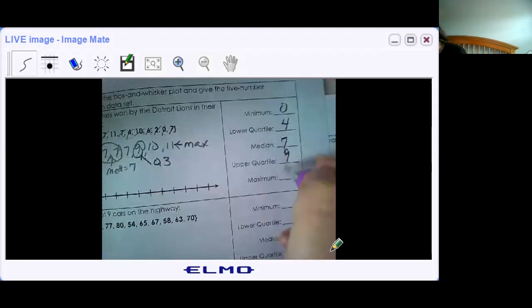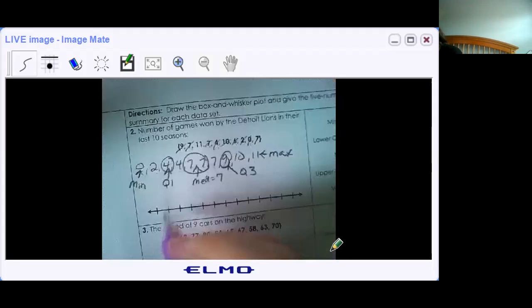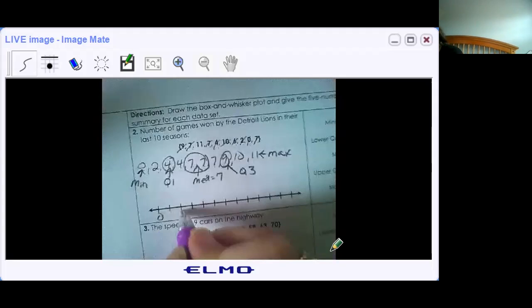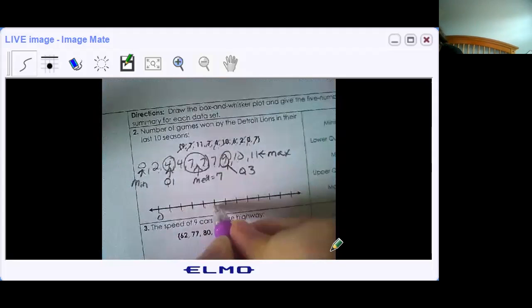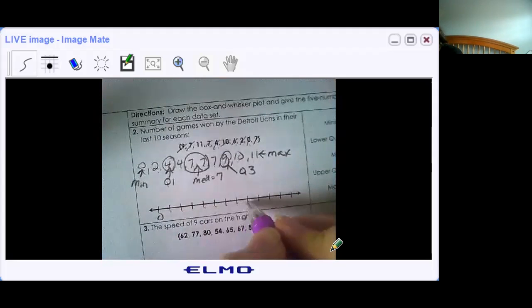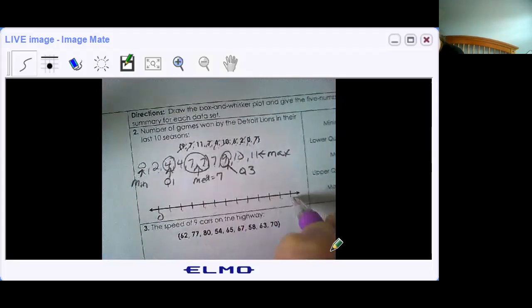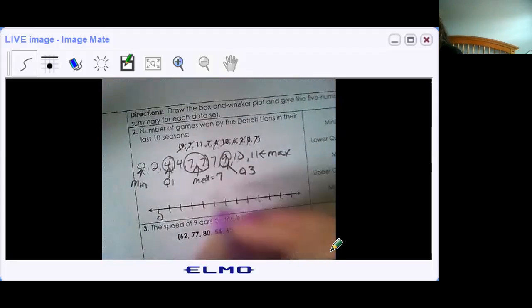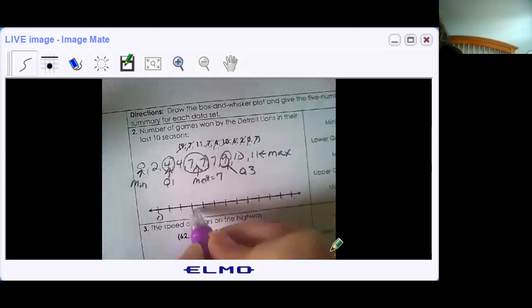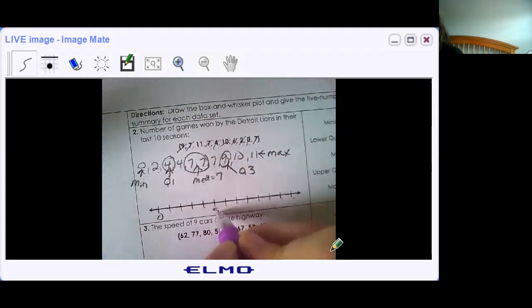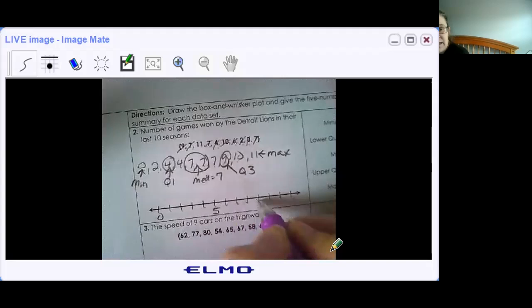My maximum is 11. Let's see. I do this 0, 1, 2, 3, 4, 5, 6, 7, 8, 9, 10, 11, 12. I actually have enough spaces. That is awesome.